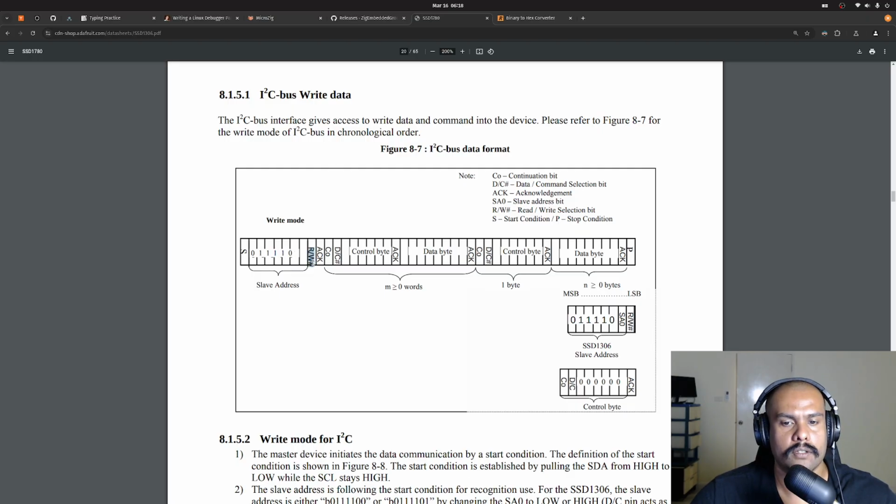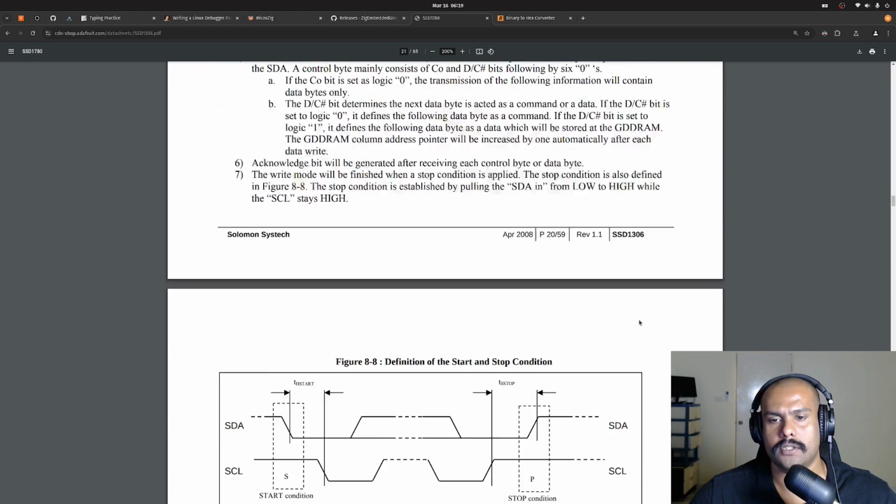Okay, so I send this after the address, the SA0, and read/write. So if I set this to 0, I can write commands in, and for R I just read.